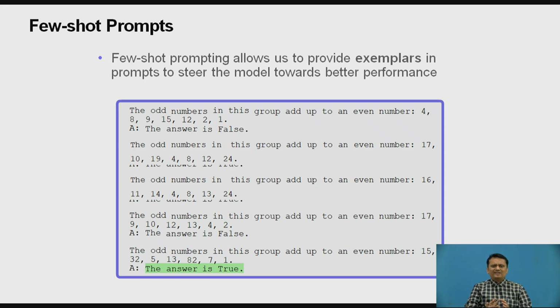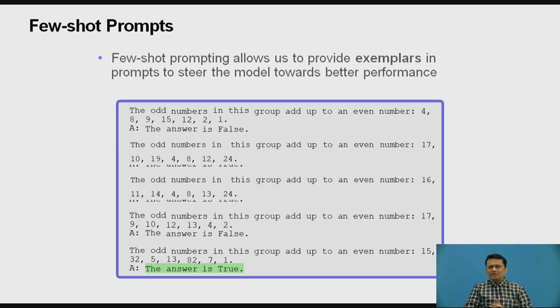Like, the odd numbers in the group add up to an even number, and numbers are given. The numbers are 4, 8, 9, 15, 12, 2, 1. If you look at which are the odd numbers, they are 9, 15 and 1. If you add them, 9 plus 15 is 24, 24 plus 1 is 25. Now 25 is the result, so is it an even number?